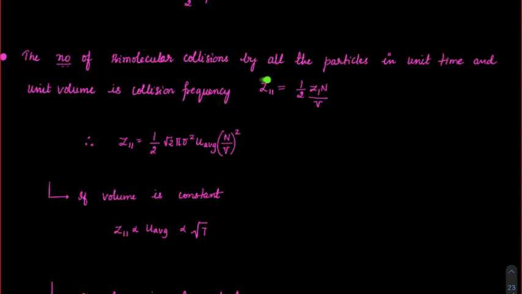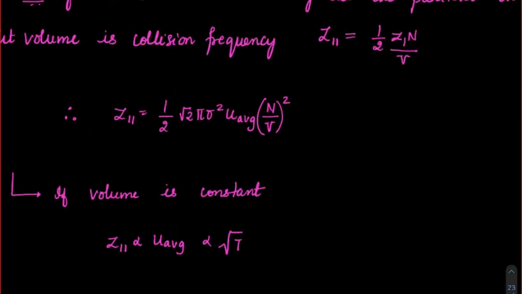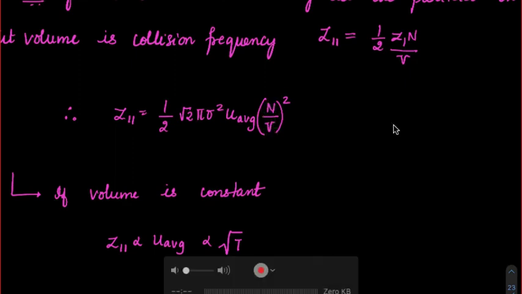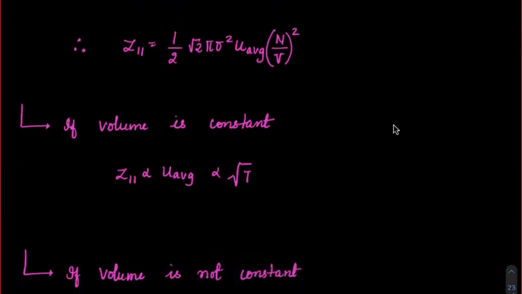So Z11 is equal to 1 by 2 into Z1 n by V. Now if I put the value of Z1, which we got as root 2 into pi sigma square U average into n by V, one more n by V has come, so it will become n by V whole square. So Z11 is equal to 1 by 2 root 2 pi sigma square into U average into (n by V) whole square. This is the collision frequency, the total number of collisions per unit volume per unit time.